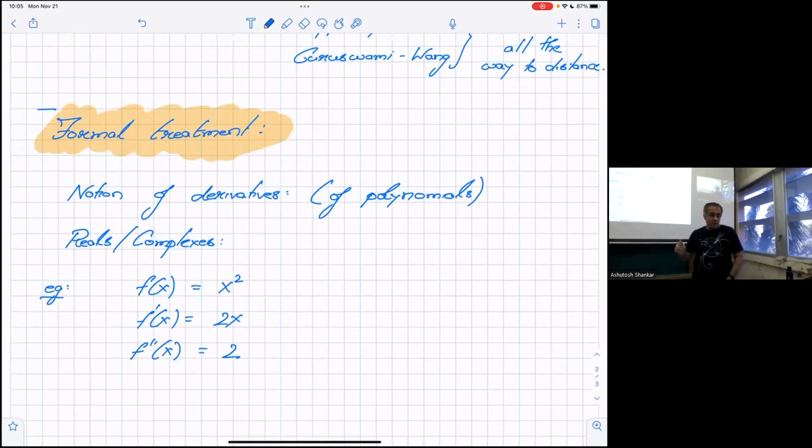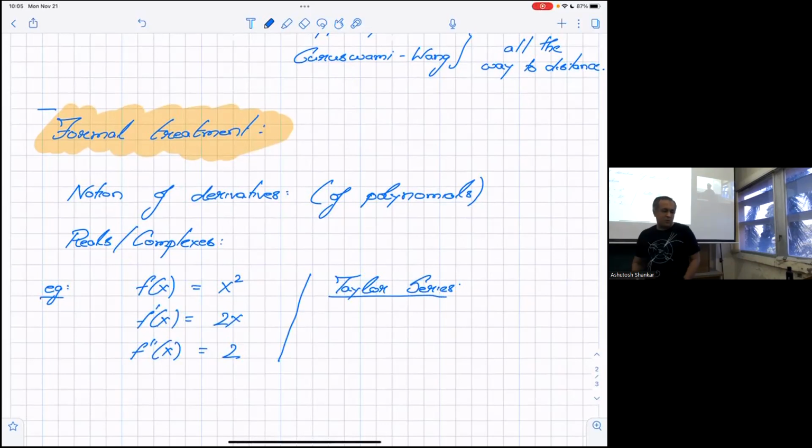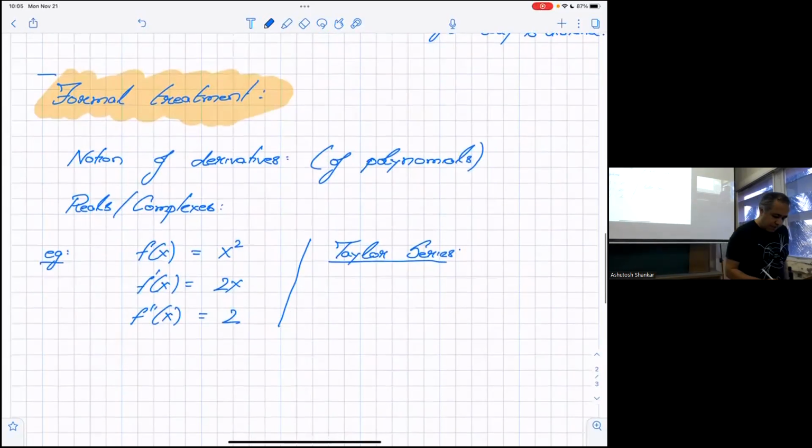And what's one nice property when you have these derivatives? The key thing to keep in mind is the Taylor series. The Taylor series is an infinite series approximation; for polynomials it is not an infinite series, just a finite one. So suppose you want to write f of alpha plus epsilon.